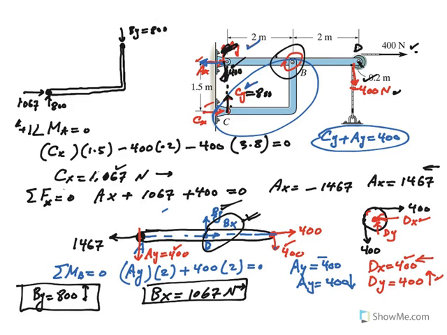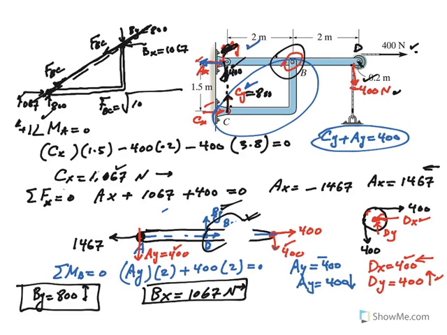And similarly, BX is 1067 to the right, it should be to the left. And you see how they're balancing exactly these forces here. In fact, you could show this as one resultant force acting like that. This would be the force in member BC or CB, exactly like that.